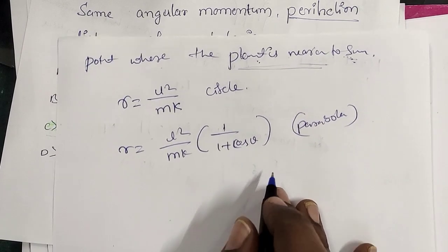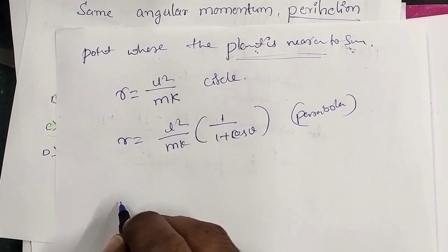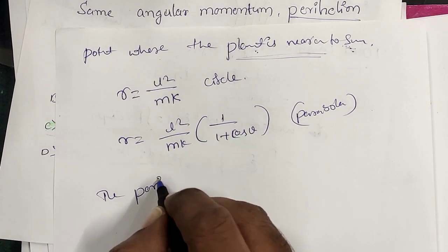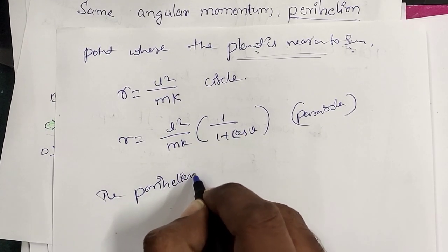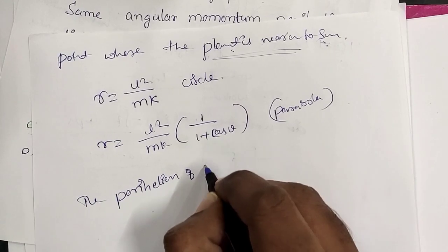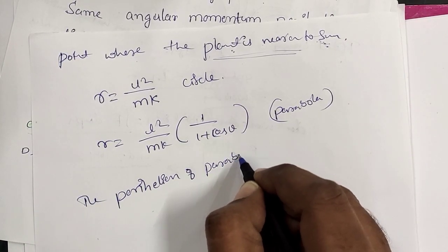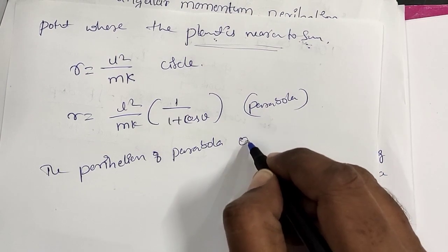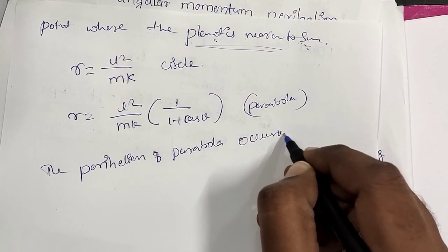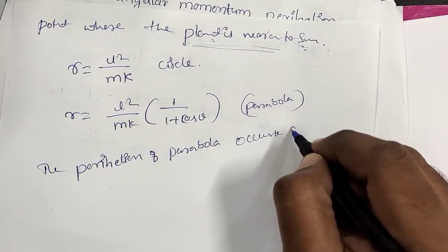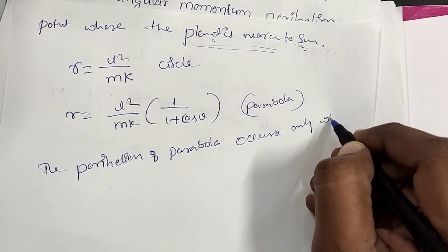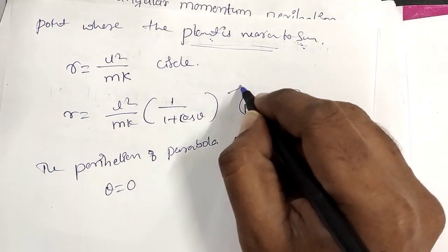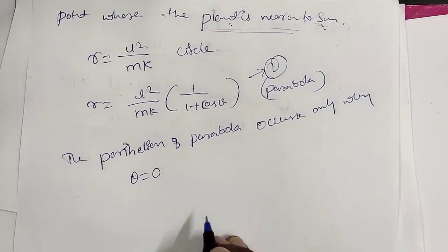Next, the perihelion of the parabola occurs only when theta is equal to 0 in equation 2.